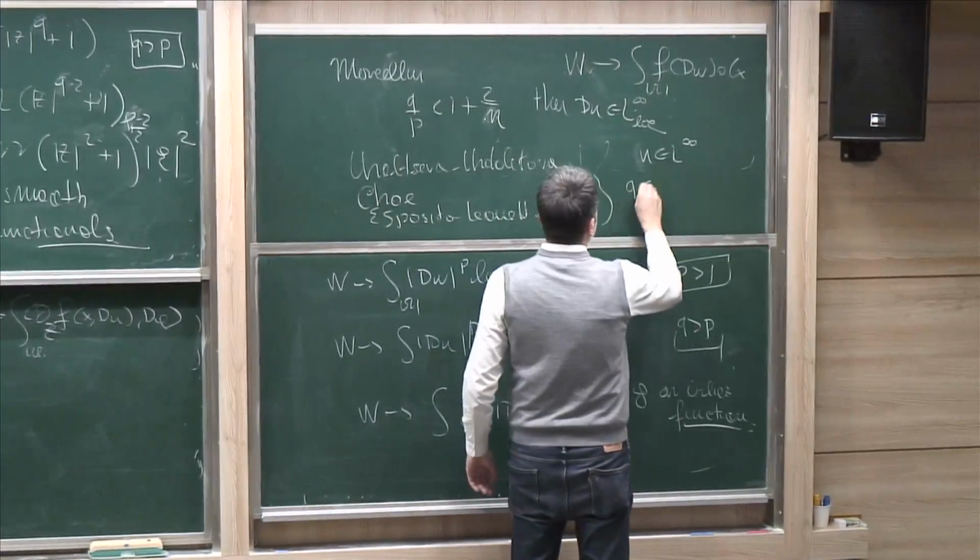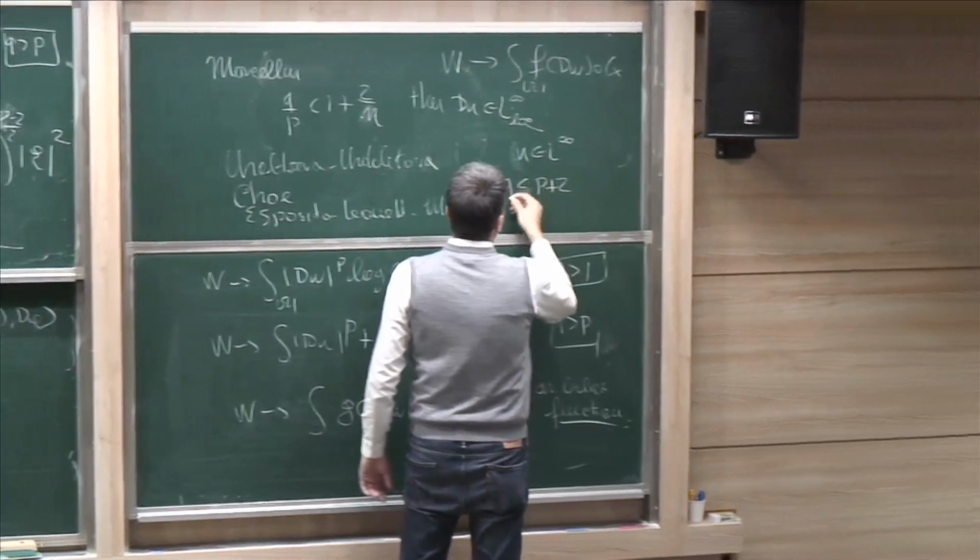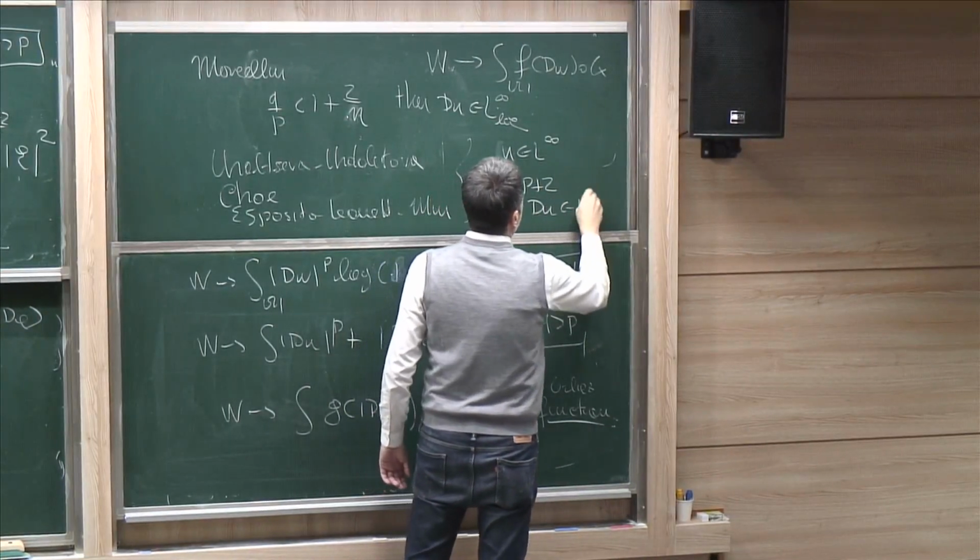And then if Q is less than P plus 2, then you get, once again, an infinity.